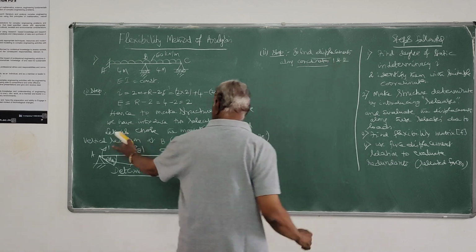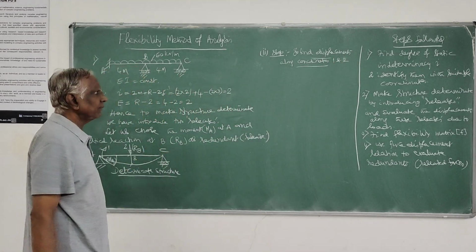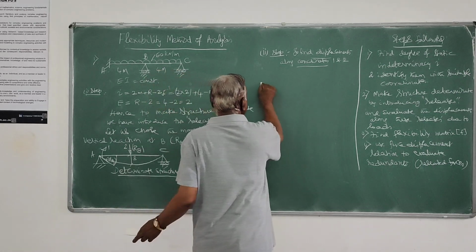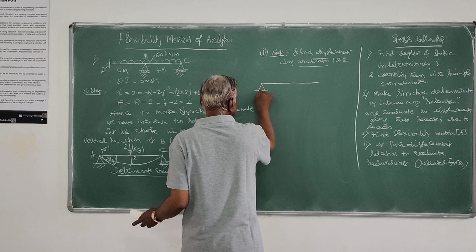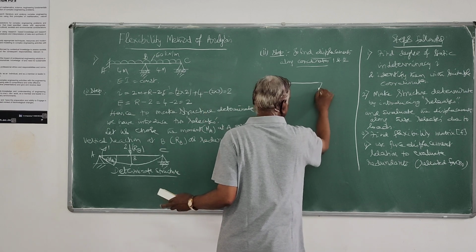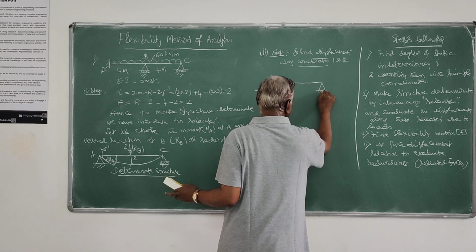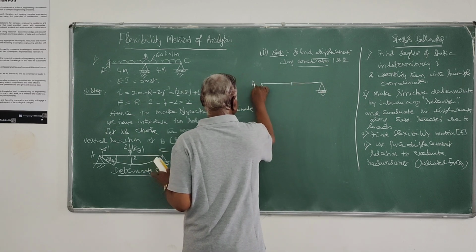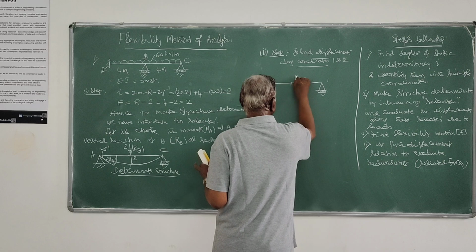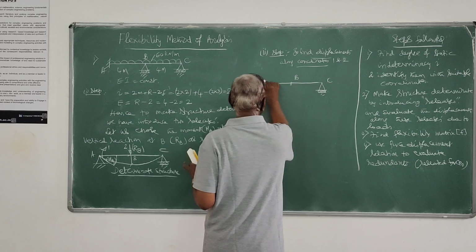The coordinates chosen are 1 and 2, and we have to determine the displacement. So you take the load on the basic determinate structure. Mind it, now the structure has become determinate. So using the standard formula or dummy load method, you can evaluate these displacements.